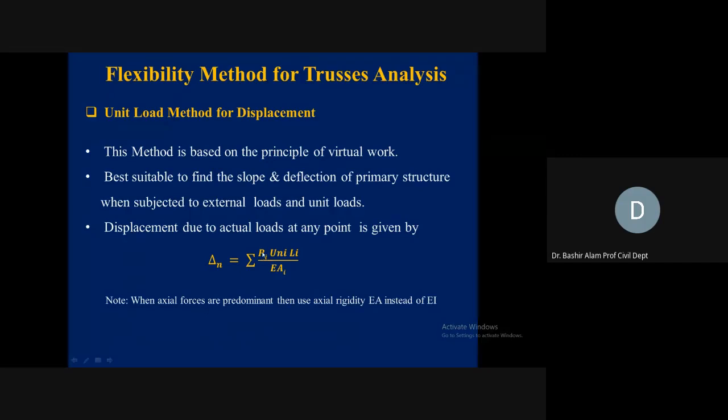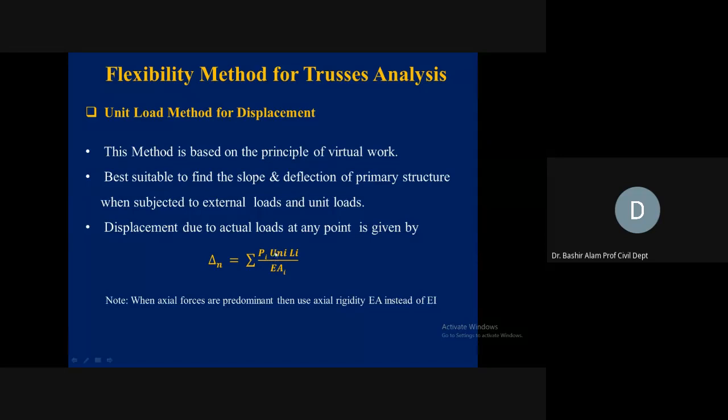It will be calculated when we subject the released truss to the actual load. The member forces which will be coming will give you the capital P value, like we did for the M values in case of the frames. M1, M2, M3 will be coming here.